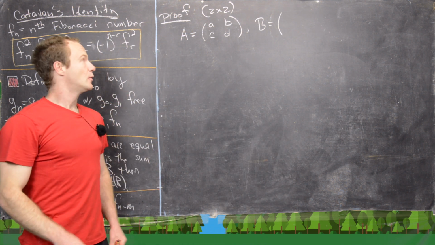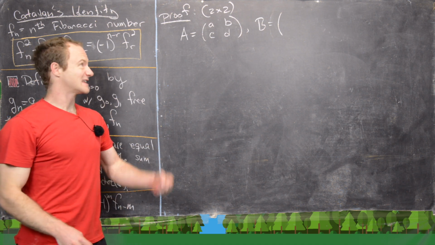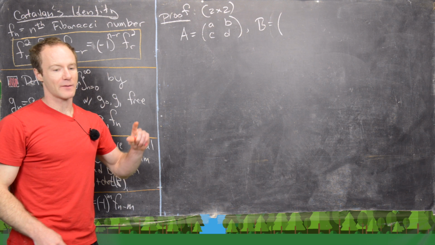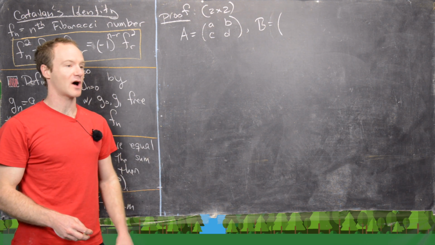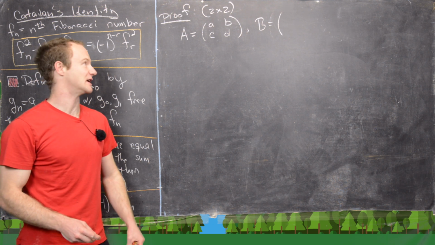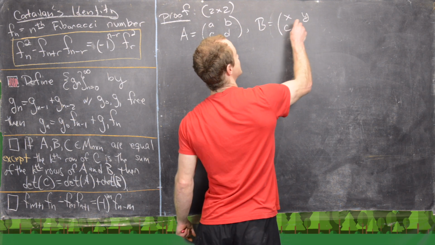And actually, we can just assume that it's except for the first row, and that's because row swapping only negates the determinants. And so we can always row swap all of the matrices until this is happening in the first row. So here I'll write X, Y, C, D.